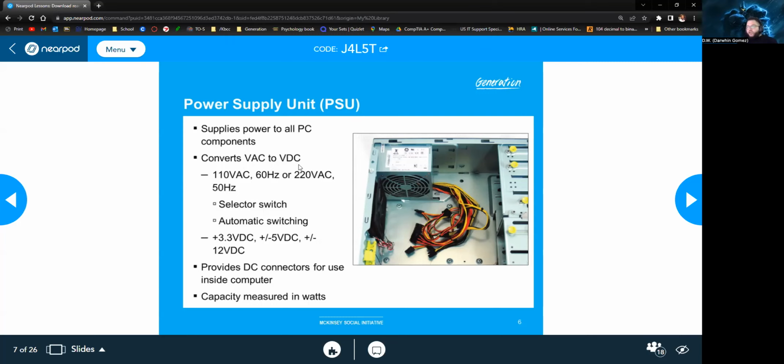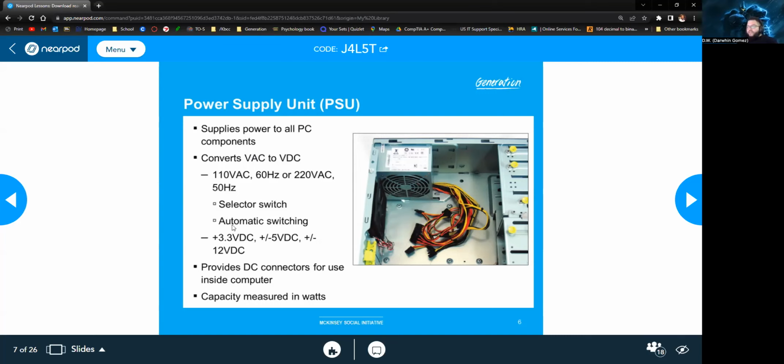All right, and then the voltages. So this is what we were talking about. The components expect a specific amount of volts, right? So we have positive and negative 3.3, then we have positive and negative 5, and then the last one is positive and negative 12.